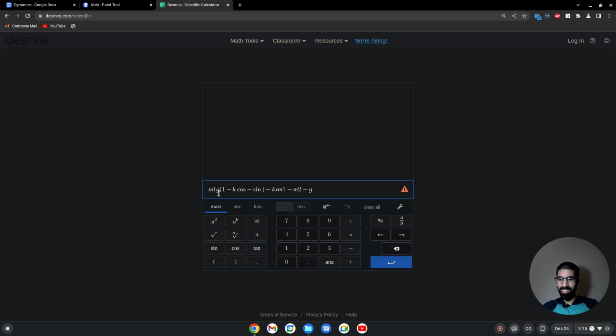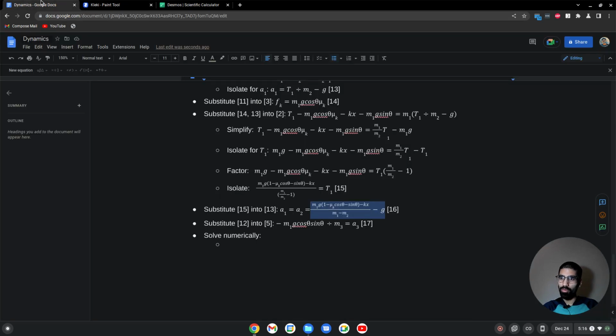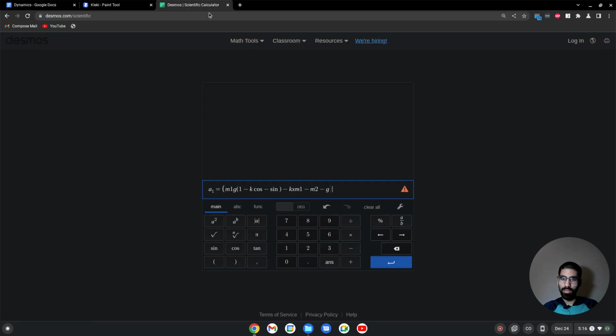Okay, A1, it's equal to all of this mess up top. I believe it was being divided by m1 minus m2. So let's divide it by here. And okay, dimensional analysis time. So m1, we know that is going to have units of kilograms.